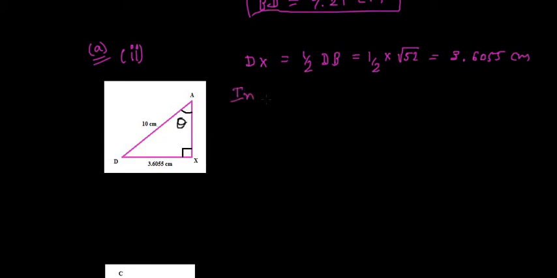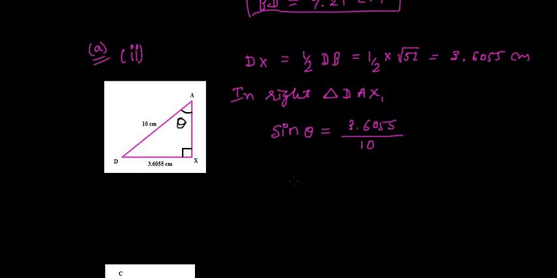Now in this right triangle I use trigonometry to get the angle. So in right triangle DAX, from theta the opposite side and hypotenuse are given, so I will go for the sine function. Sine theta is the opposite side 3.6055 over the hypotenuse 10.